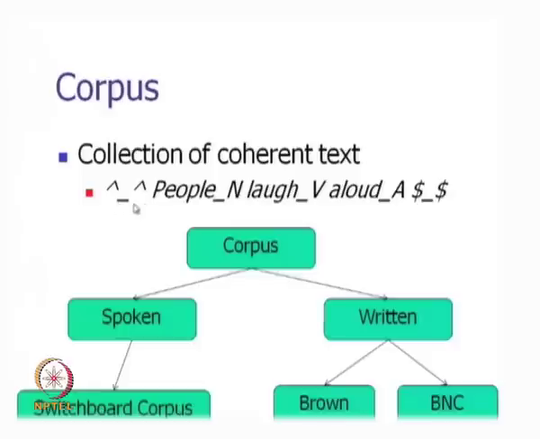We have a sequence of words here, people laugh aloud, and there is a symbol hat which starts the sentence and a dollar symbol which ends the sentence. So, for hat the tag is hat itself, people is noun, so underscore noun, laugh is a verb, so underscore verb, aloud is an adverb, so underscore adverb.